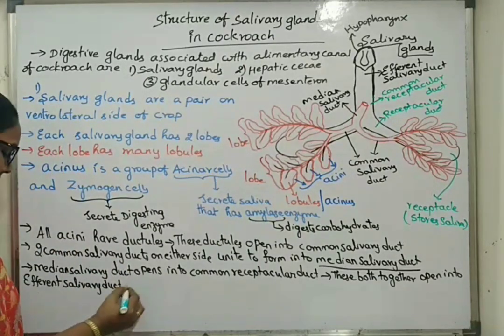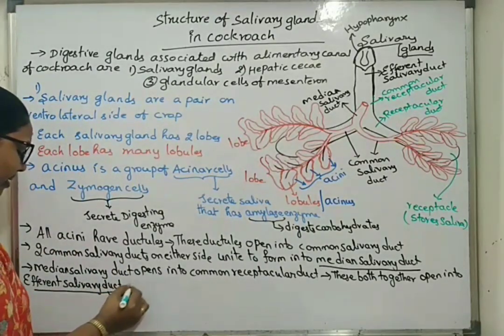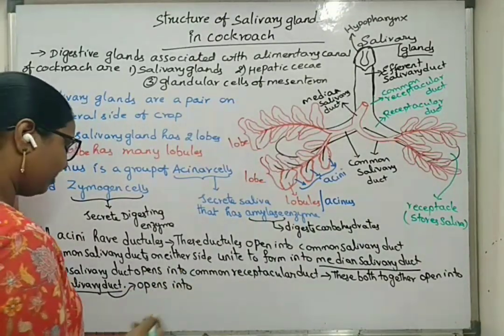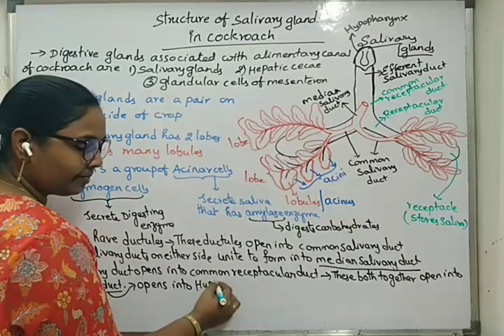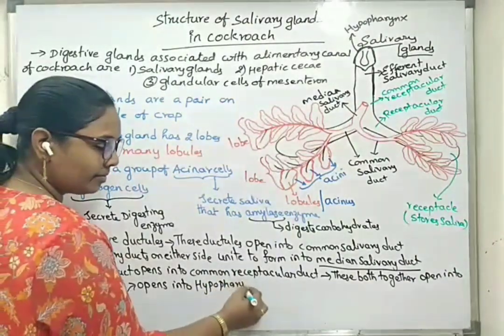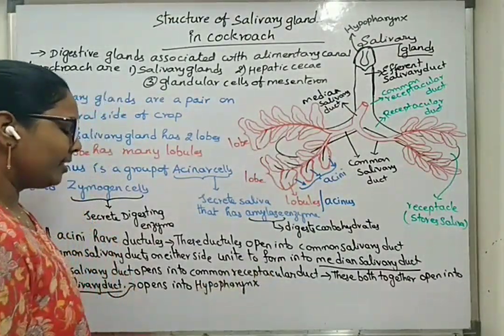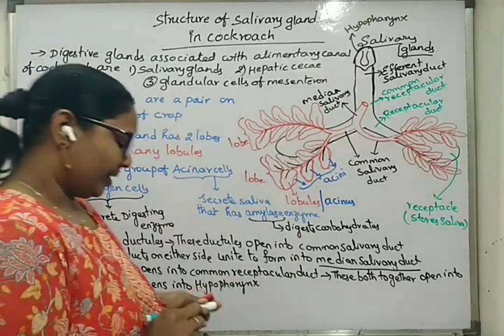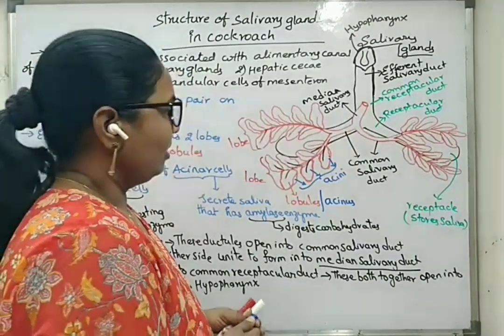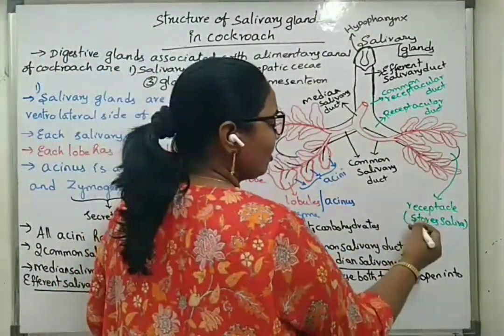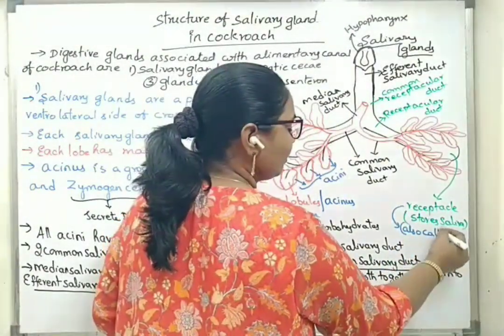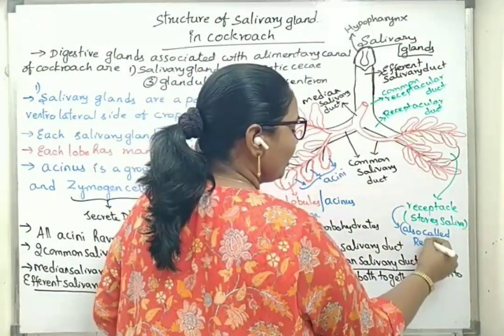Now, this efferent salivary duct opens into hypopharynx. Hypopharynx is tongue. We also give other term like tongue for hypopharynx. There are some other terms. This receptacle is also called as reservoir duct.